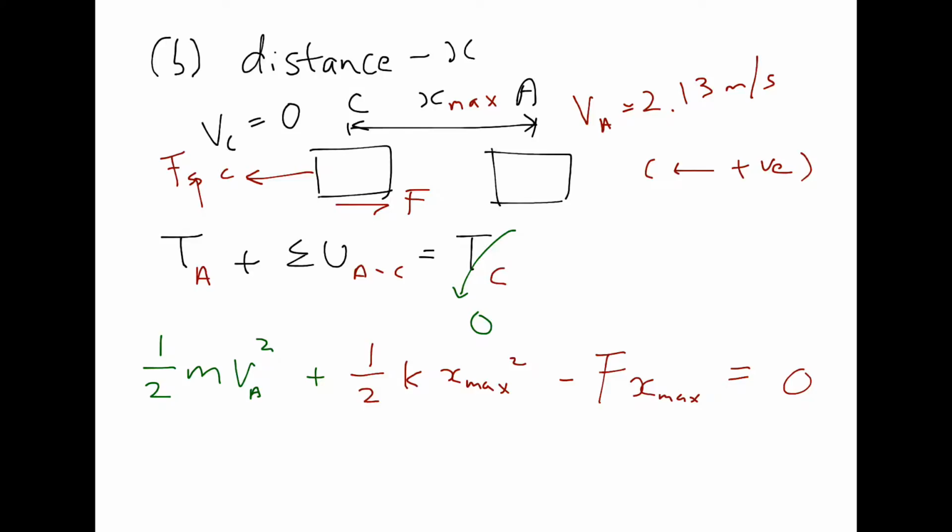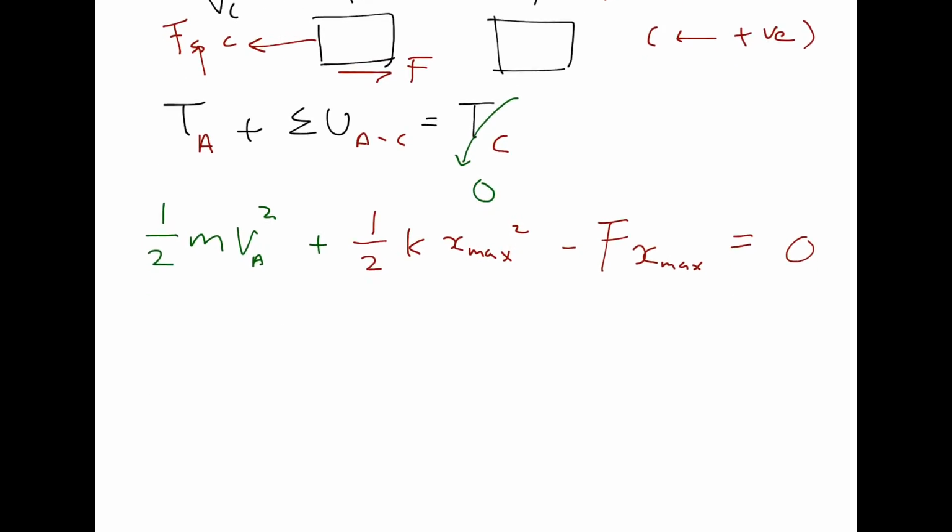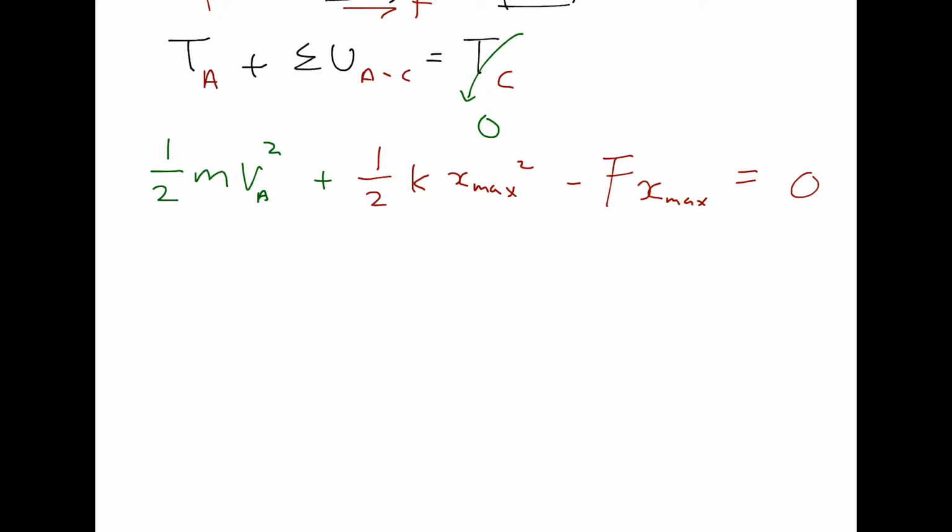So things become much simpler right now because we want to look for the x maximum. Now we look at this calculation over here. So m is 10, then v will be 2.13 power 2. Okay, that one we can resolve. And then k, of course, we know that it is 300. And then x power 2 we don't know. And then friction, we know that it is mu times mg.